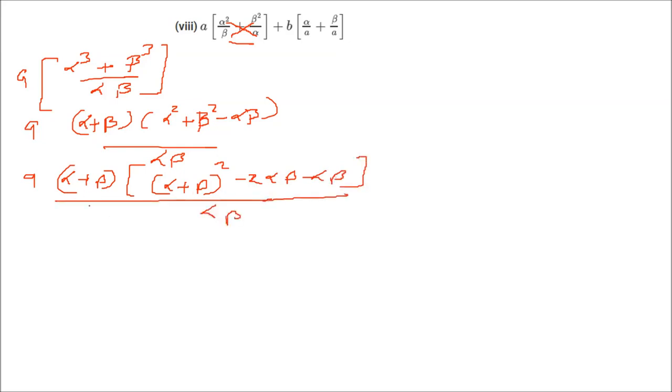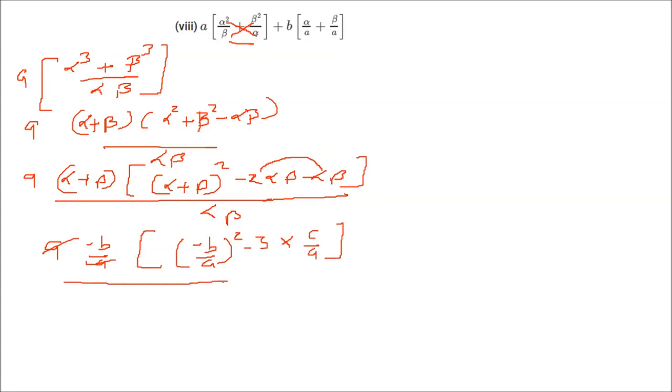Now this alpha plus beta is minus b by a. Then we have alpha plus beta whole square, that is minus b by a whole square, minus 2 alpha beta and minus alpha beta, so this is 3 alpha beta. 3 alpha beta is c by a. Then you have alpha beta in the denominator, so that is c by a.